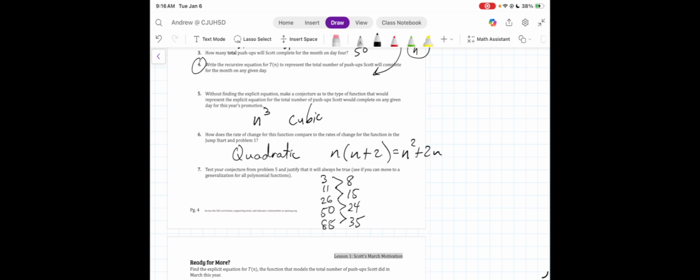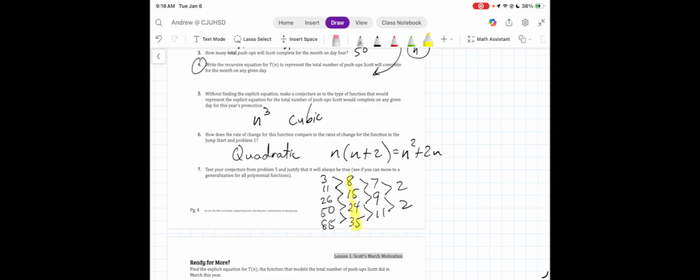Then look at the difference of those numbers. So 8 to 15 is 7. 15 to 24 is 9. 24 to 35 is 11. And those numbers should seem familiar because they also were in our table. Now, lastly, look at the difference again. 2 and 2. Now, count how many levels we had to go to get there.